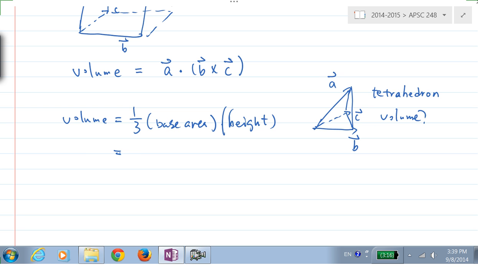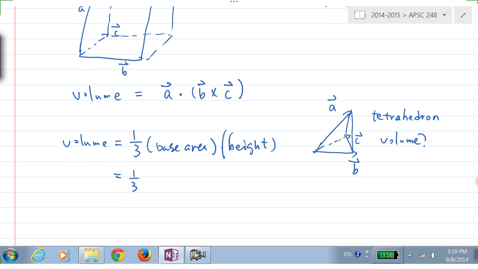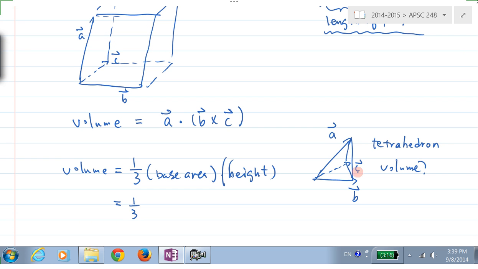What's the difference if the orientation is the same? The height will be the same, but the base area here is a triangle compared to the parallelogram. It's going to be 1/2 of this base area here.